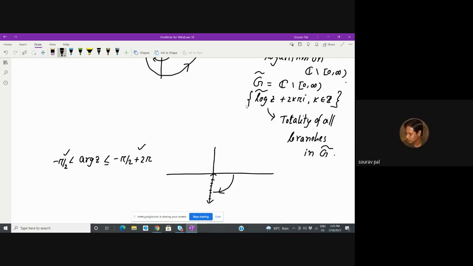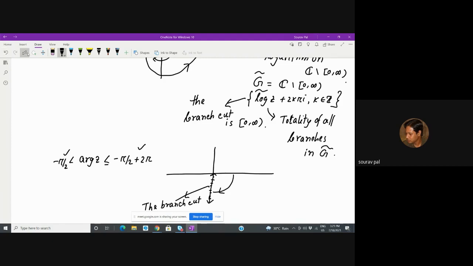So here the branch cut is, what is the branch cut in the previous example? Here the branch cut is this line, this up line. Okay, so the branch cut. Here the branch cut is this. Okay.